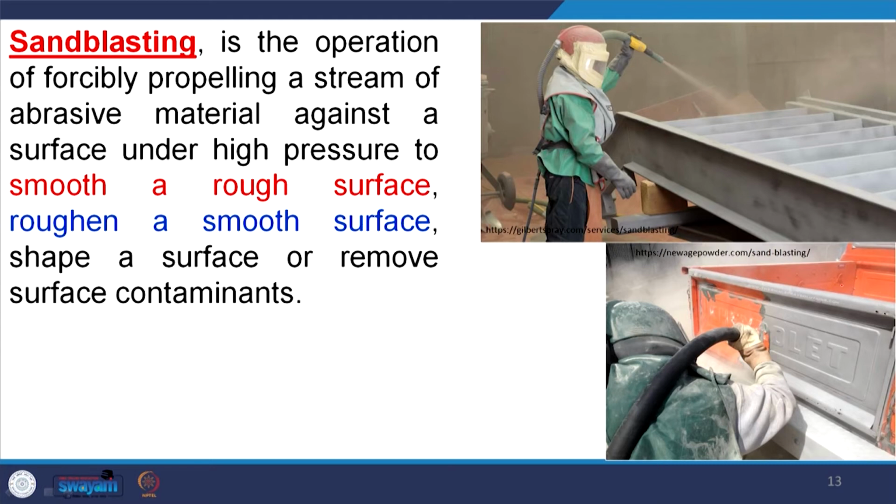That is why some photographs are given here of sandblasting by companies. It is the operation of forcibly propelling a stream of abrasive material, here sand, against a surface under high pressure to smooth a rough surface.